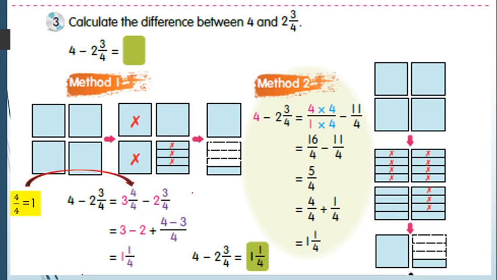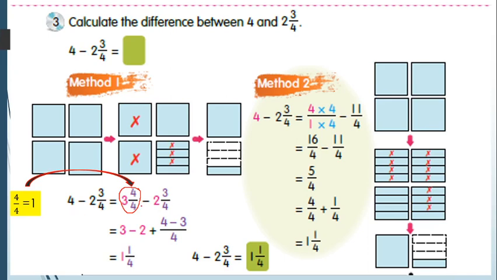So 4 over 4 is 1. 4 over 4 is 1. So 3 plus 1 is equal to 4. So 3, 4 over 4 is another way of writing 4. Adalah 3, 4 over 4 ini adalah bentuk lain untuk nombor 4.